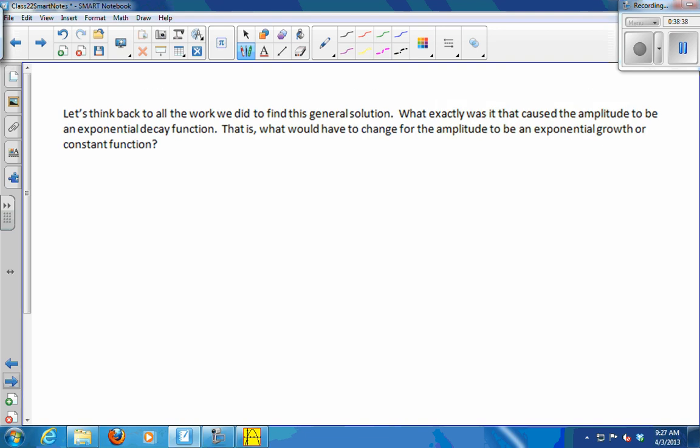All right, so let's think back to all the work that we did to find this general solution. What exactly was it that made this amplitude this exponential decay function? So the question is, to be more specific, where'd that negative 2 come from? From lambda, right? Because lambda was negative 2 plus 3i. So it came from the real part of lambda.